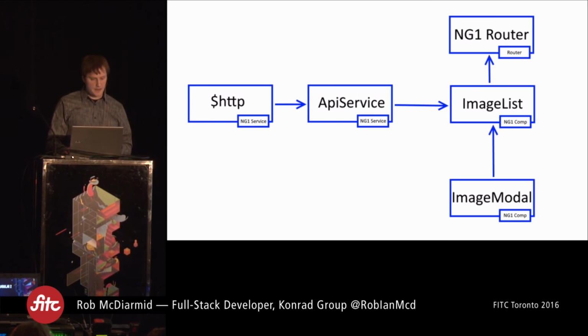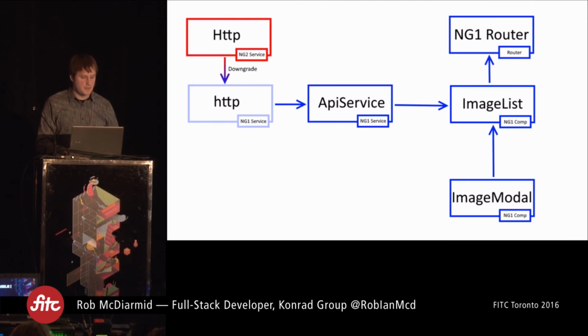So if we want to start using the new version of HTTP, we're going to have to downgrade it into an Angular 1 service so that we can use it inside another Angular 1 service. So essentially, API service is an Angular 1 service, so it can only have Angular 1 services as inputs. So yeah, we're going to have to downgrade Angular's HTTP module.